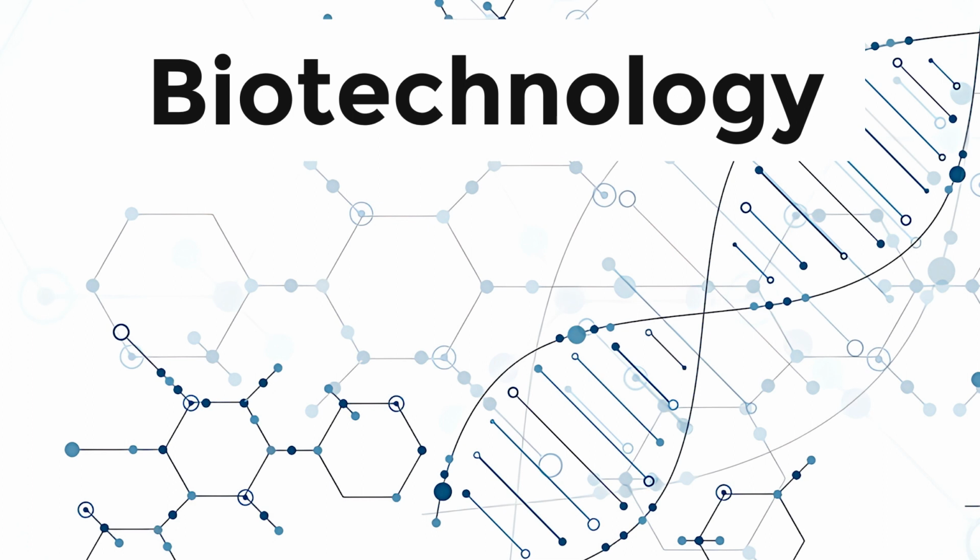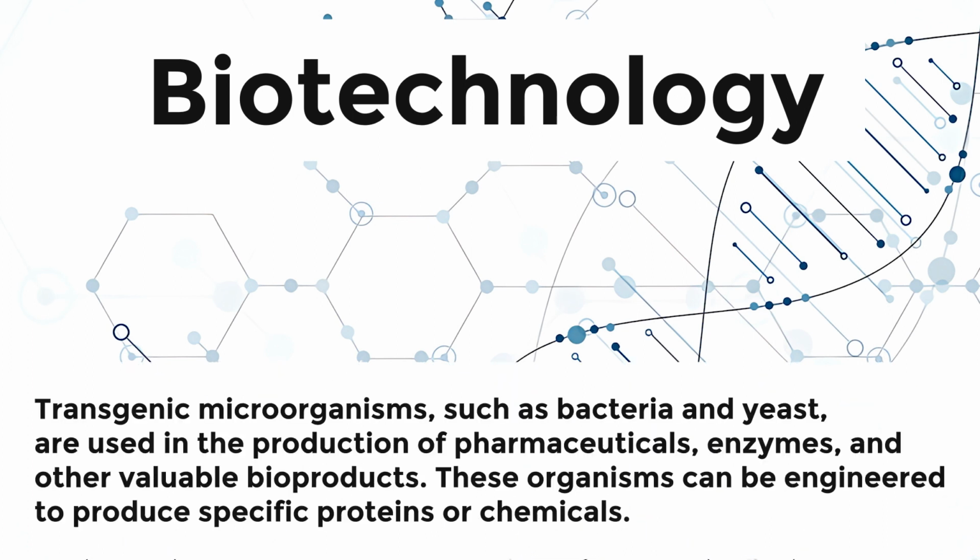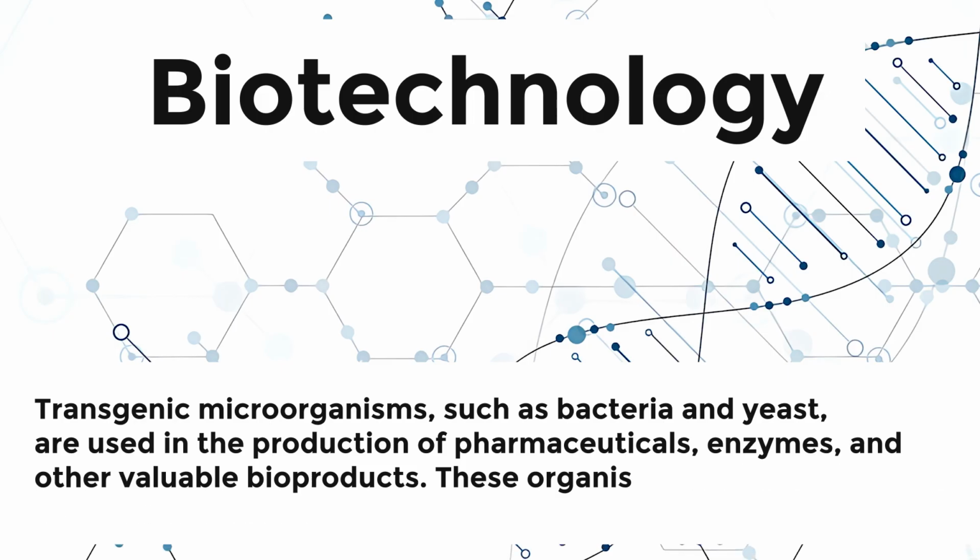In biotechnology, transgenic microorganisms such as bacteria and yeast are used in the production of pharmaceuticals, enzymes and other valuable bioproducts. These organisms can be engineered to produce specific proteins or chemicals.